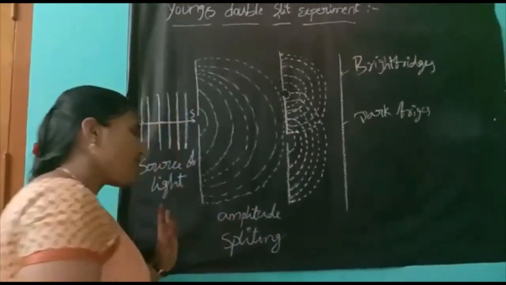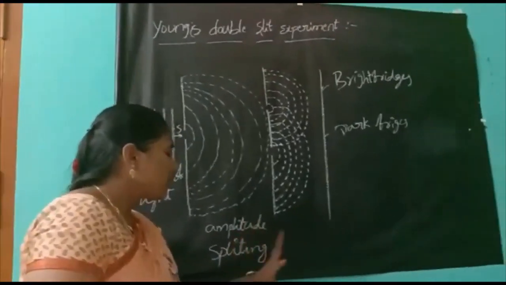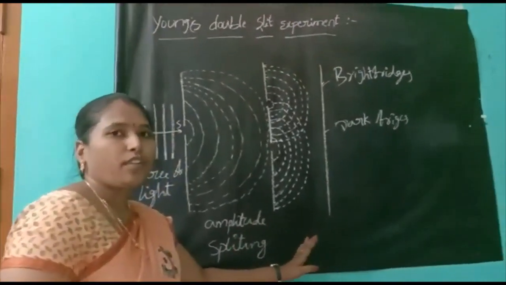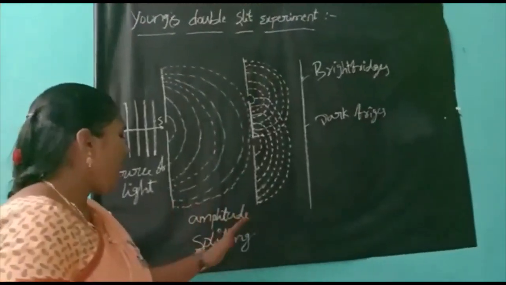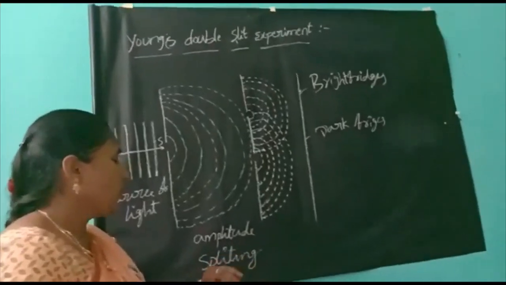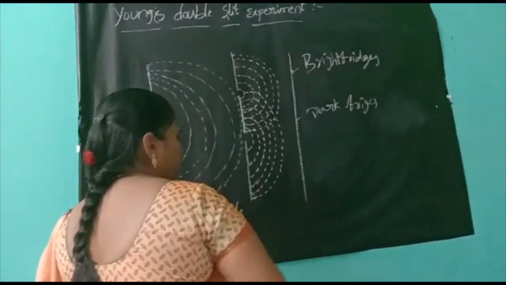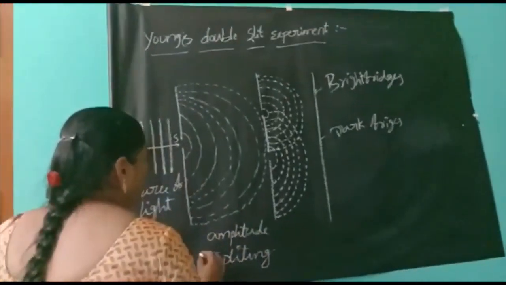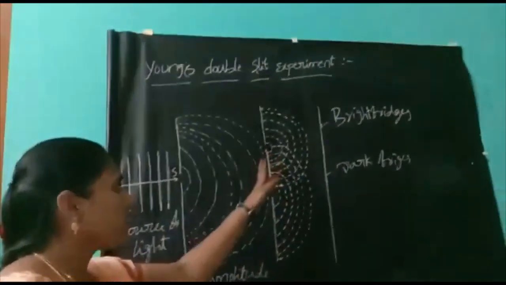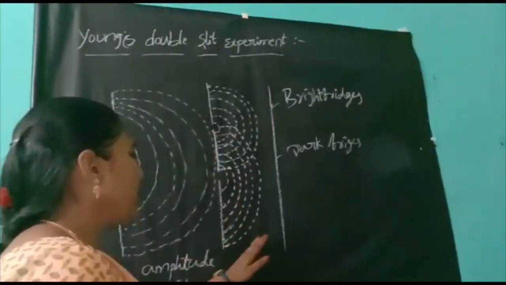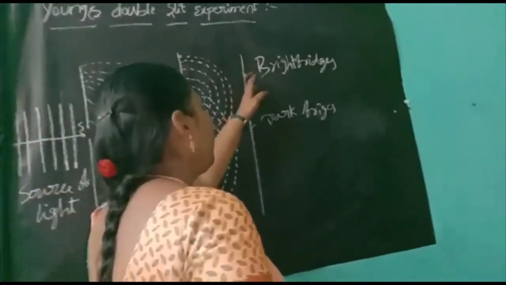When this amplitude split passes through two narrow slits, whenever these two waves overlap each other, the same phase will arrange the bright and dark fringes.